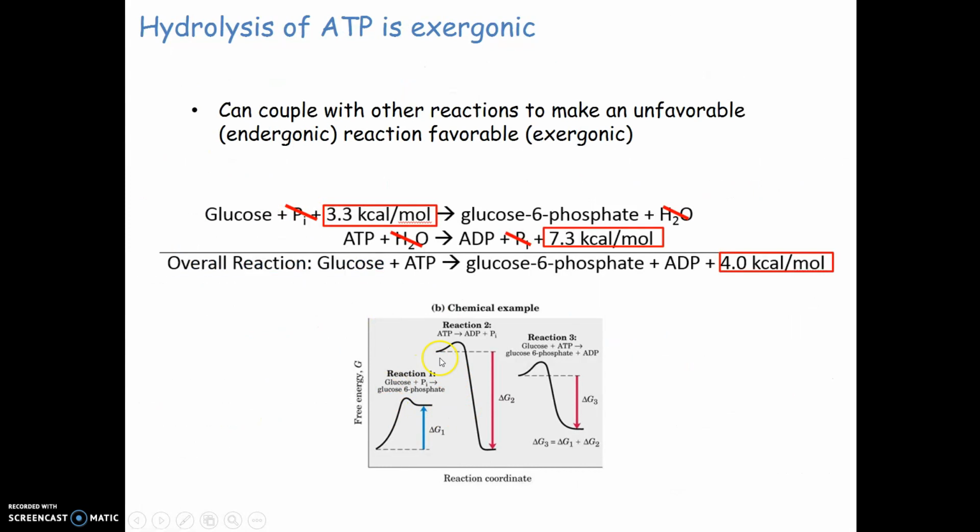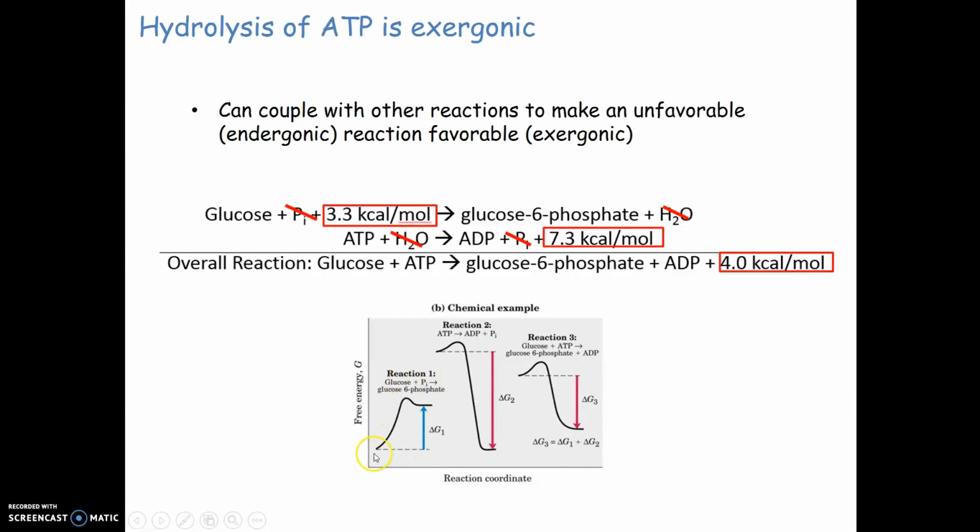And so we can look at that here. Here, our ATP plus water is super high in energy compared to our products. And because of this, we get a large negative delta G. So this large excess of energy that is released, we can couple with our reaction that requires energy.